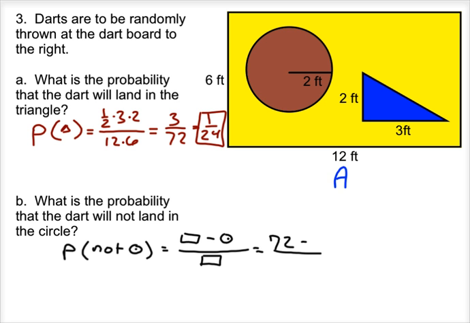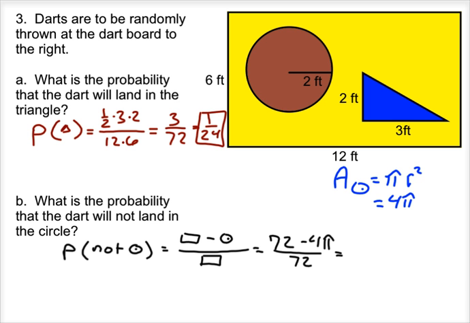The area of a circle is pi times the radius squared. In this case the radius is 2, so 2 squared is 4, and I get 4 pi. So I'm taking the rectangle minus the area of the circle and dividing it by the total area, which was the rectangle, 72.